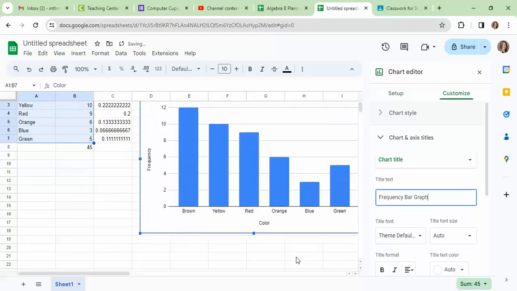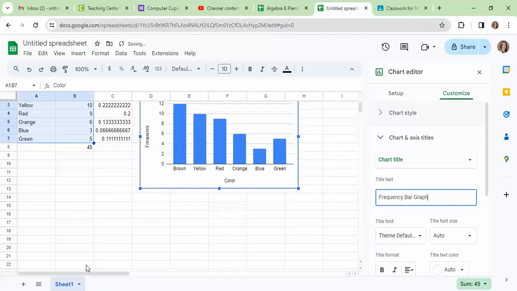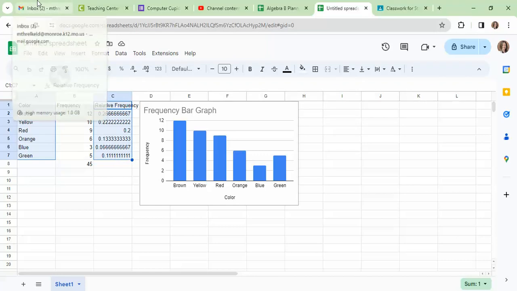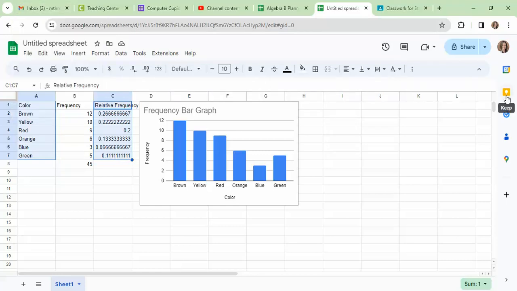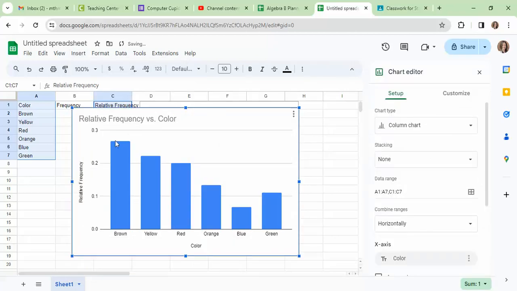If I wanted you to make a relative frequency bar graph, so that means I need my colors and my relative frequencies. So you have to highlight those. Remember, if you hold down the control, then you can highlight things that are not adjacent to one another. And then we could do the same thing. Insert chart, and there we have it.